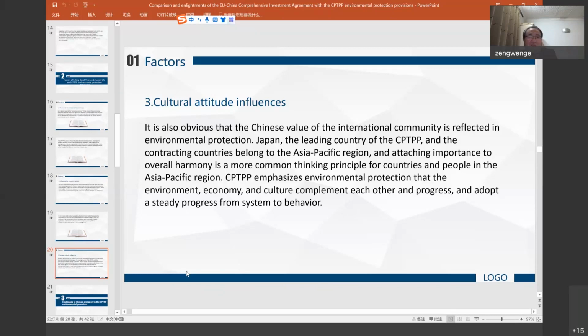You know, the Eastern countries' culture. This is traditional for this region. Meanwhile, the CPTPP emphasizes environment protection, with the environmental, economic, and cultural complement and other progress, adapting state progress for the system to behavior.